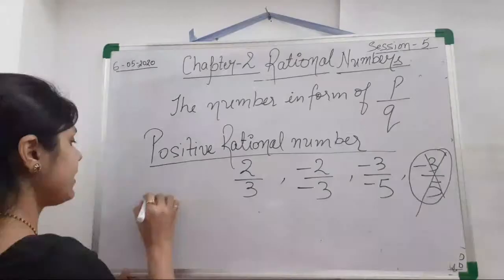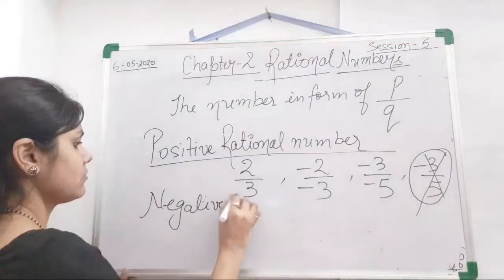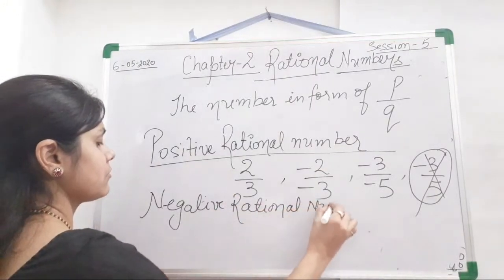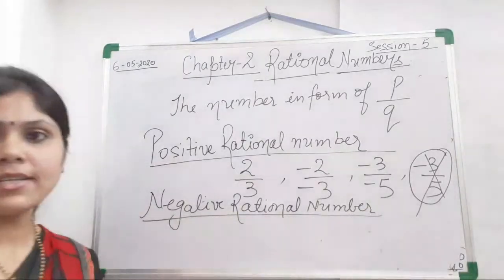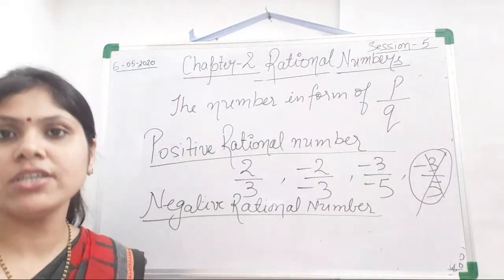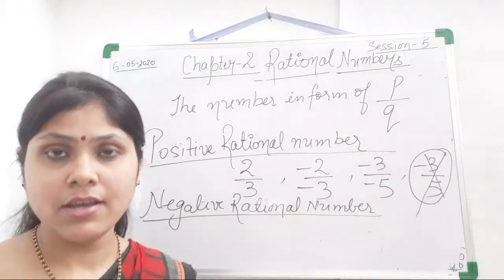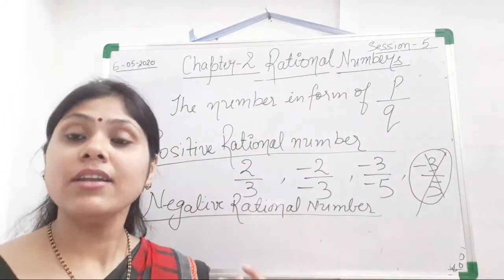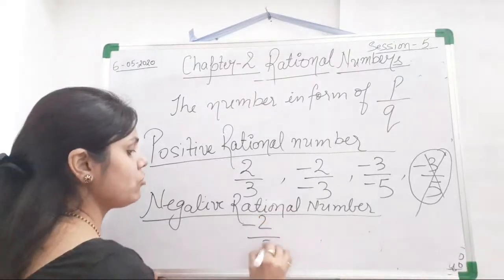Now, the negative rational number. What is a negative rational number? If either the numerator or the denominator contains a negative sign, your answer will come negative, that means it is a negative rational number. Let us take an example, minus 2 upon 3.